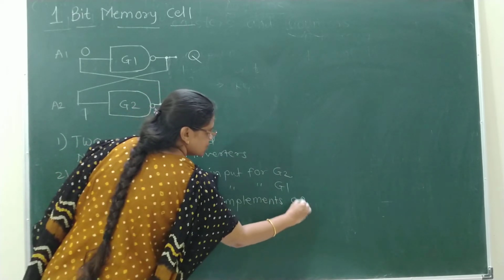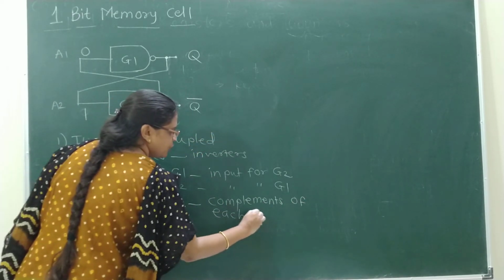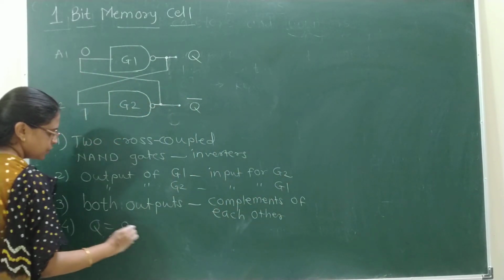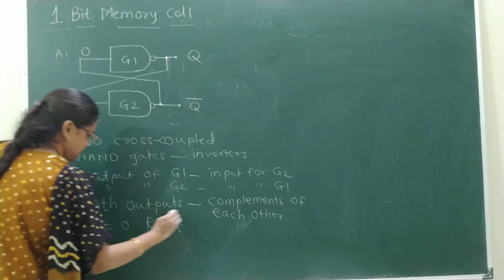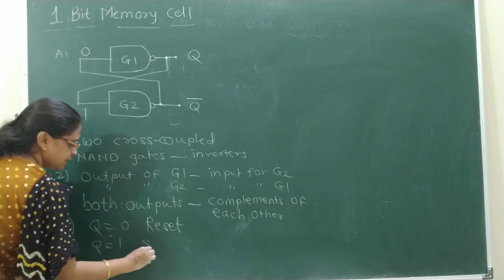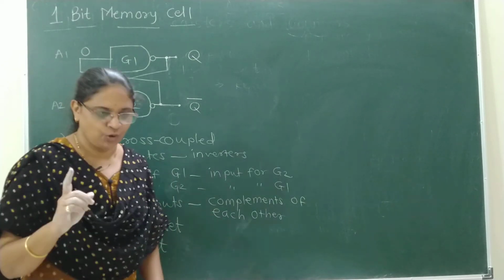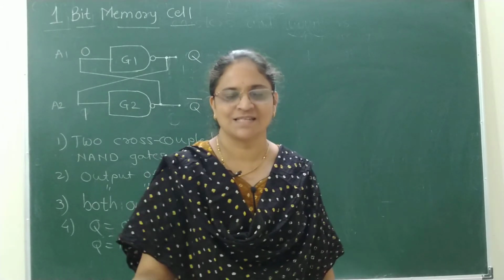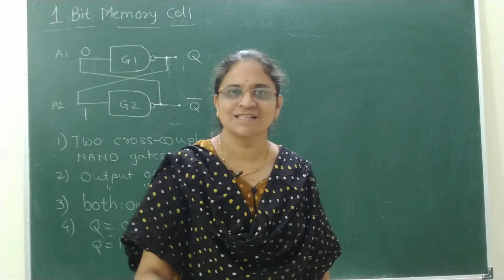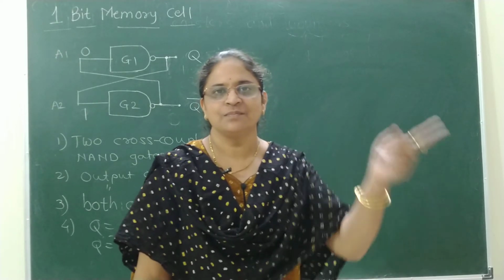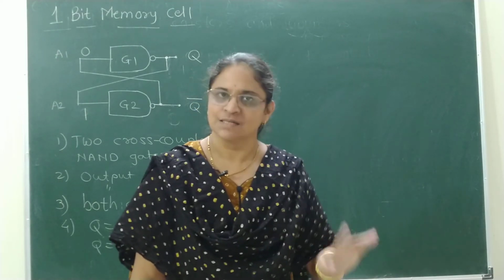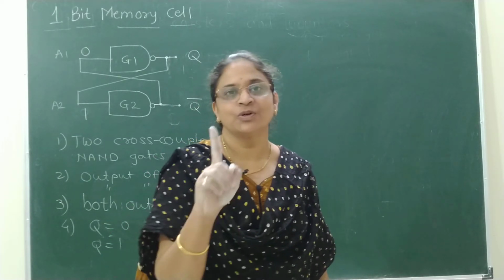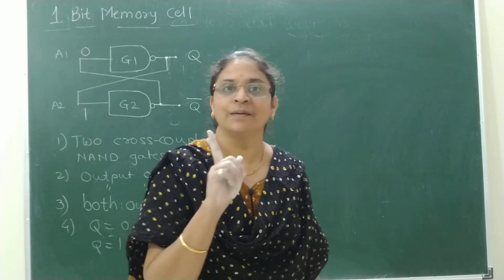So when the upper output is 0, it is said that Q is 0, it is called reset condition, and whenever Q is equal to 1, it is said to be set condition. So always remember, Q is 1, set state. Q is 0, reset state. Whenever it is in reset condition, this circuit has stored bit 0. Whenever the circuit is in set condition, its output is 1, meaning it has stored a high bit.